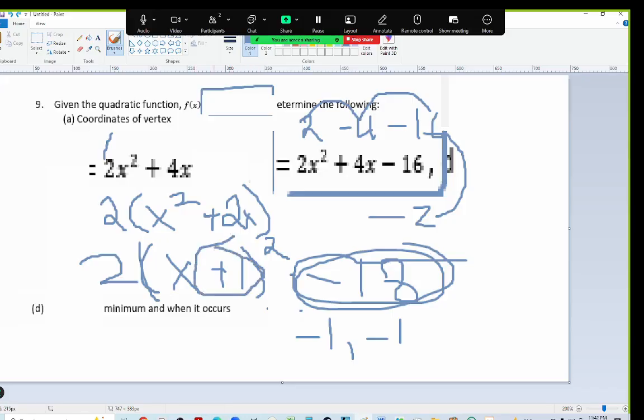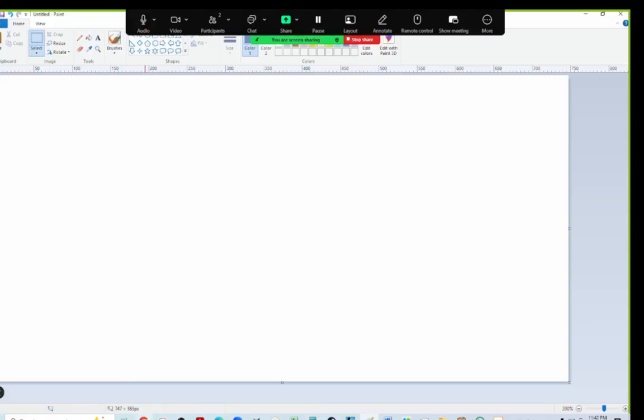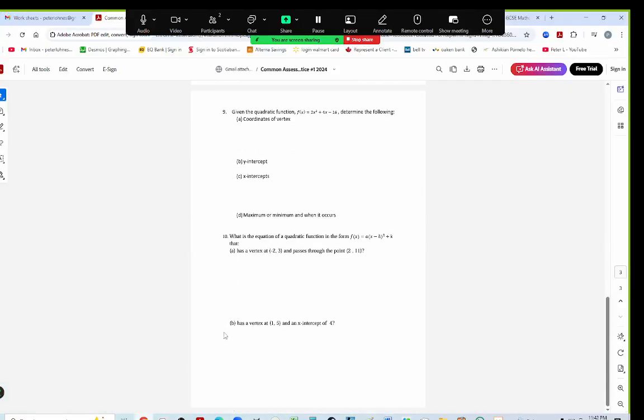Once you figure this part out, it's easy to go back and figure out this part if you're in doubt whether you got it right. This is called partially completing the square. We get the x value of the vertex and plug it back into the main equation up here. It's a good trick on a test because you can verify if you got the right answer or not.